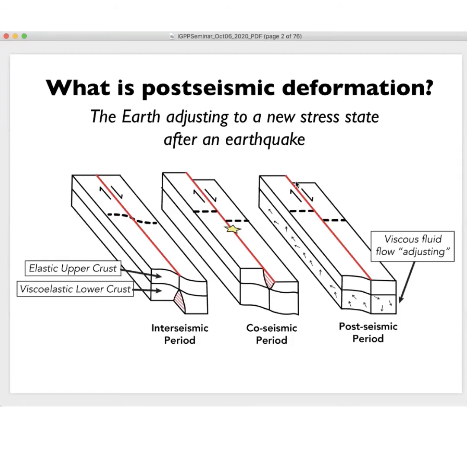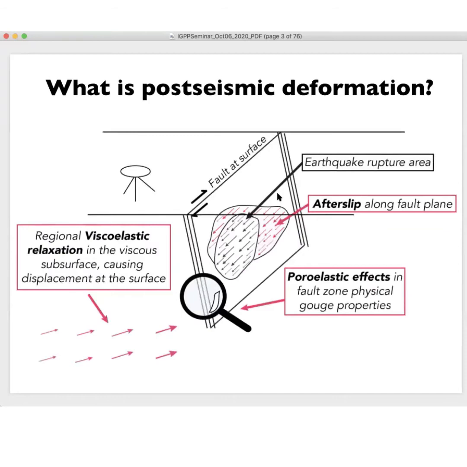And once the short co-seismic period is over, we enter the post-seismic period, or the after the earthquake period. And this is where a number of different mechanisms and processes help the Earth adjust to the new stresses that have been introduced by this earthquake in this co-seismic period. These mechanisms are generally referred to as the ones you see here. One of the first is afterslip, and that usually occurs along the fault surface itself, usually around the area that was ruptured in the co-seismic event.